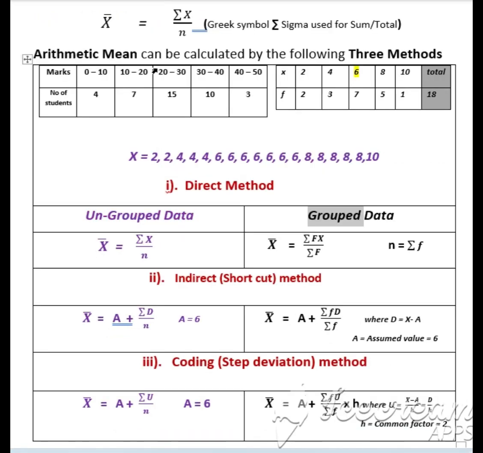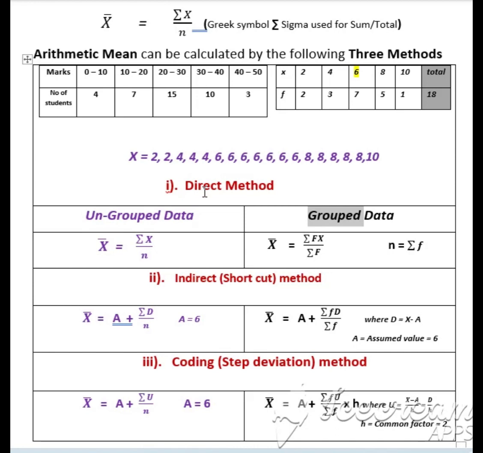So arithmetic mean can be calculated by the following three methods. Number 1, direct method. Number 2, indirect, which is also called shortcut method. Number 3, coding or step deviation method. Each method has two categories, ungrouped data and group data.